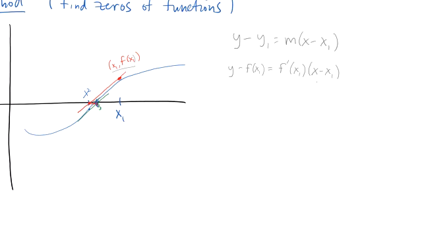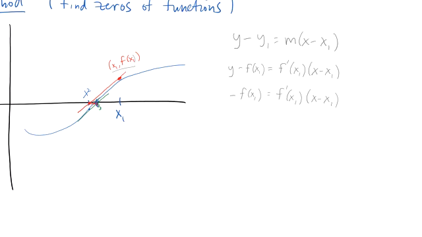Now, what I'm trying to figure out is, what is this 0 right here? When I let y equal 0, I get negative f of x1 equals f prime of x1 times x minus x1.